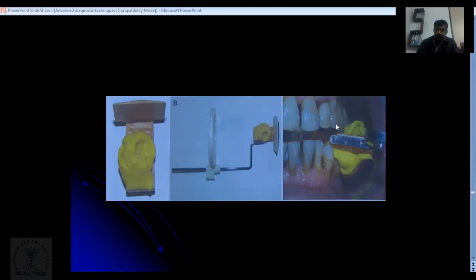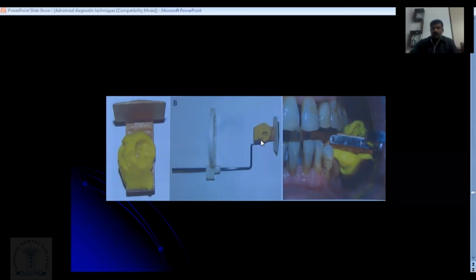When you ask the patient to bite, the occlusion will be imprinted within this. On the inside, you have the film. On the outside, this arm will project. This is where you attach the X-ray tube, and you take a radiograph. Now you keep this film holder with the impression paste.